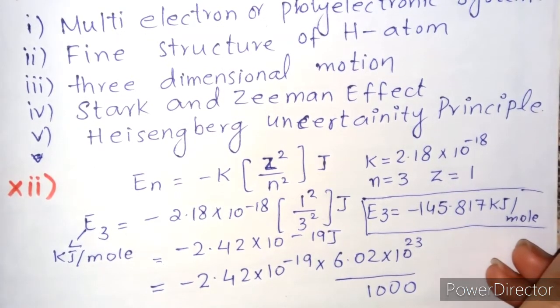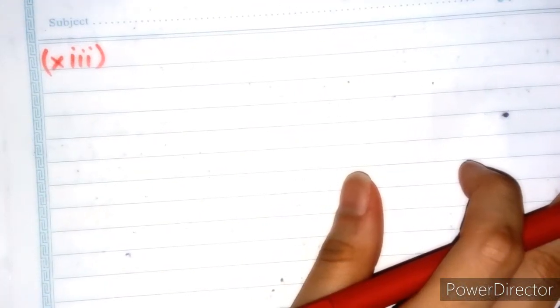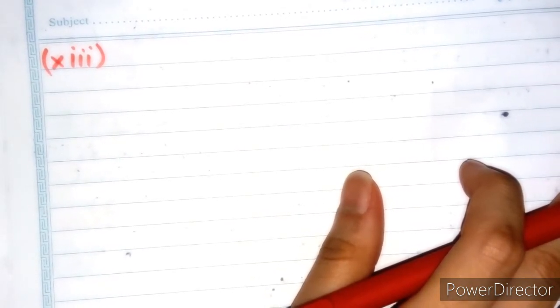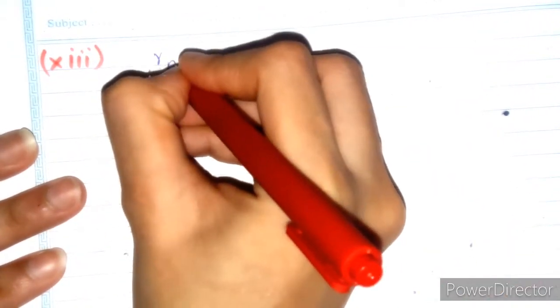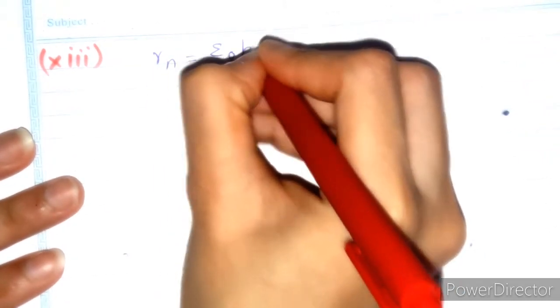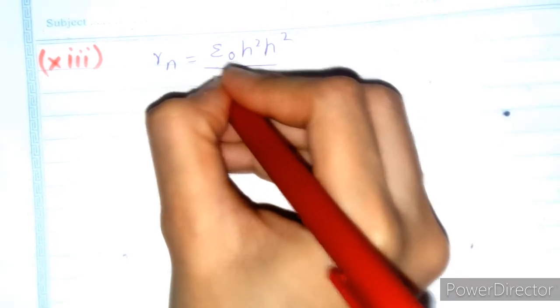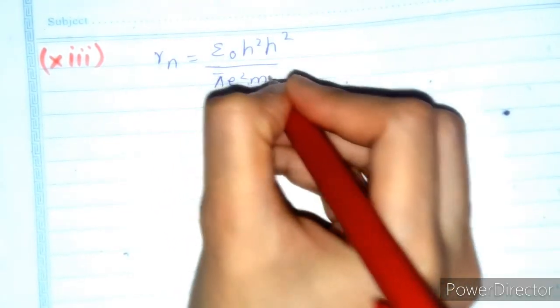Now moving towards the last part, part 13. Bohr equation for radius for the nth orbital of electron in hydrogen atom is, this is the equation, Rn is equal to epsilon naught h square n square divided by pi e square m.